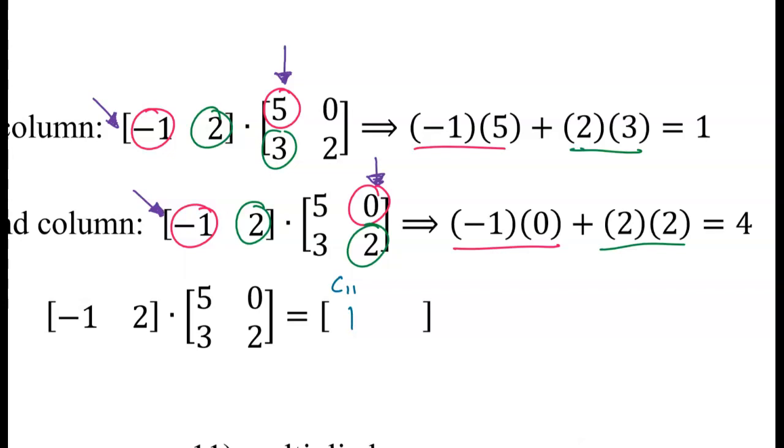So that is the value of my first row, second column, because I multiplied my row times my second column to get that value. I know this may not be making sense yet. It's okay. We're going to do it again.